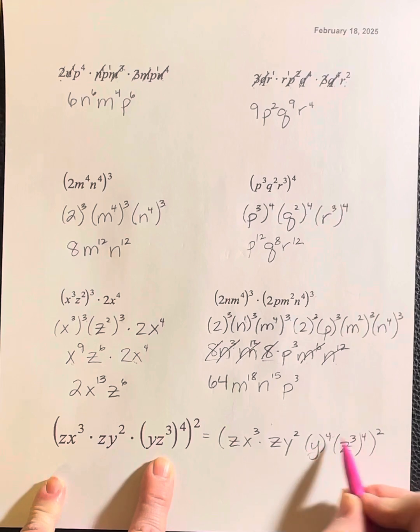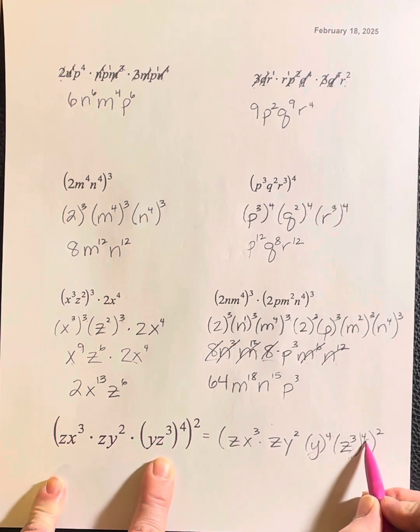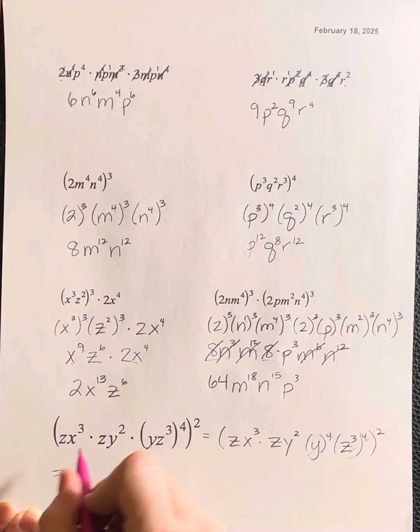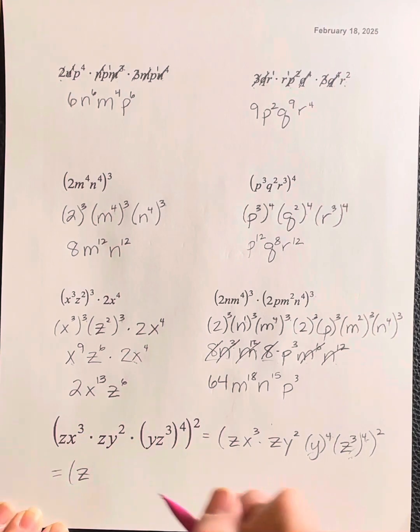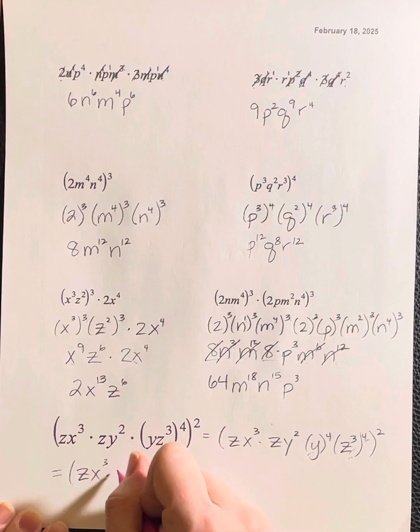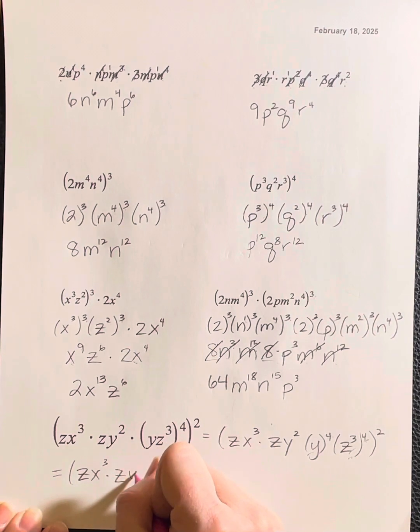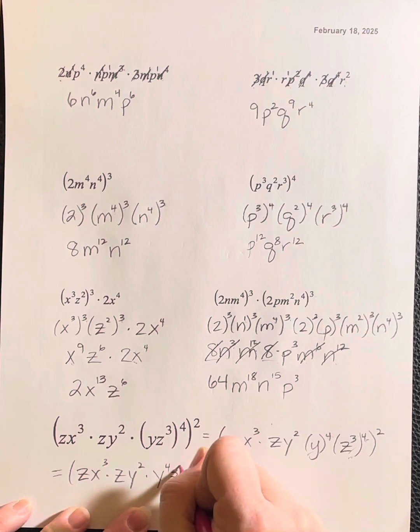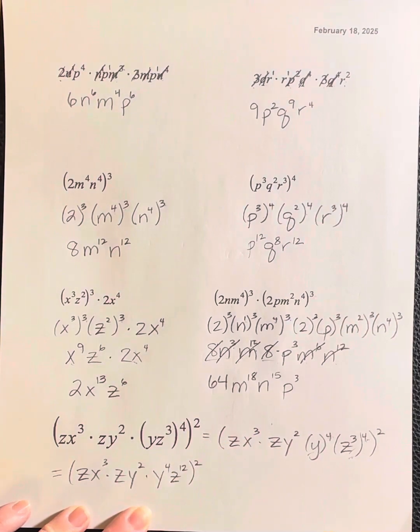So this will be a y to the 4th, and this will be a z to the 12th. So I have z x cubed, z y squared, and y to the 4th, z to the 12th squared.